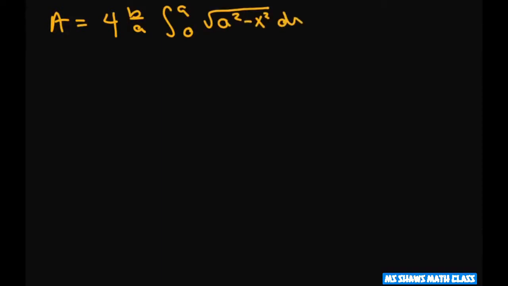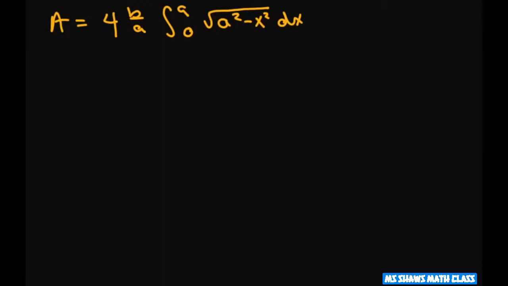We have, for our integral, A equals 4 times b divided by a, integral from 0 to a, and this is what we had, the square root of a squared minus x squared dx.